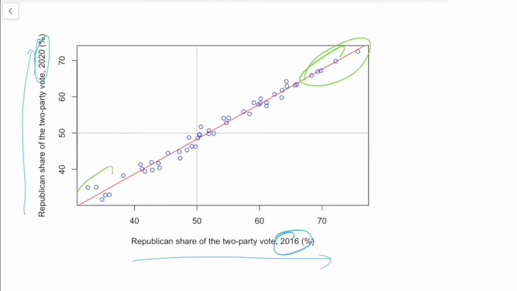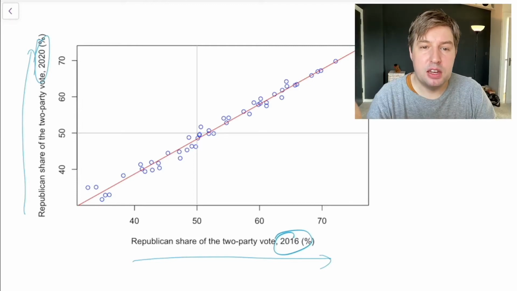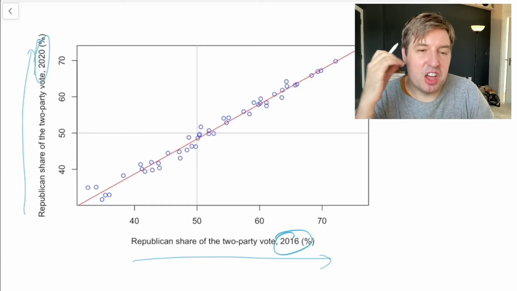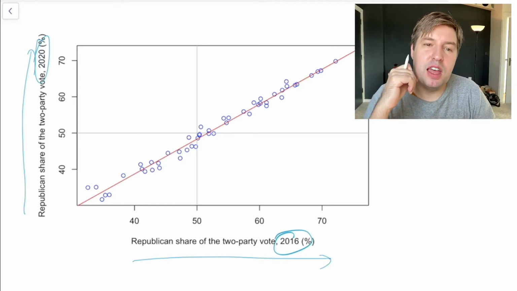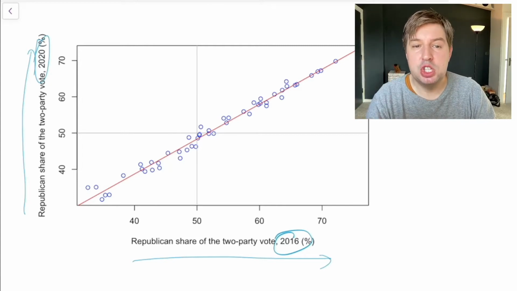And then down here at the bottom left, we've got states that the Democrats did well in both 2016 and 2020. But most generally, we see there's a very strong relationship between these two variables. I've drawn a red line through them, so you can tell that these points are very close to this line.